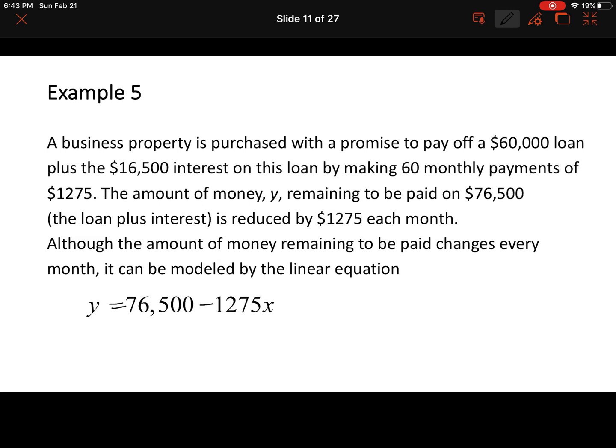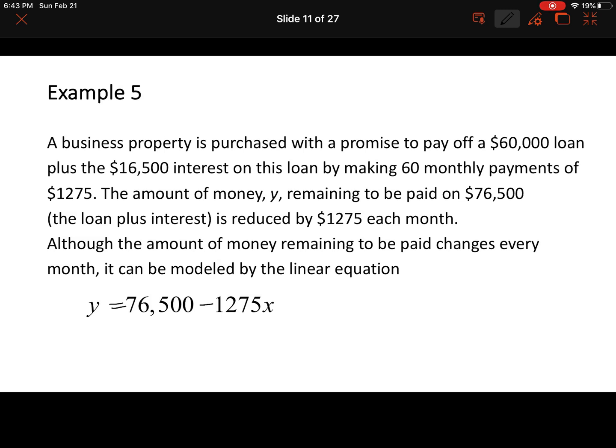We have a business property is purchased with a promise to pay off a $60,000 loan plus the $16,500 in interest on this loan by making 60 monthly payments of $1,275. Amount of money remaining to be paid is $76,500. All right. That $76,500 is reduced by $1,275 each month.